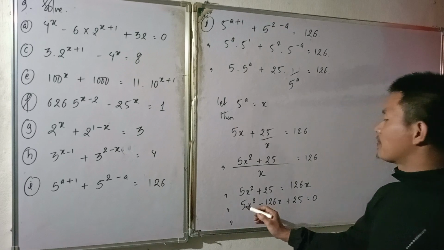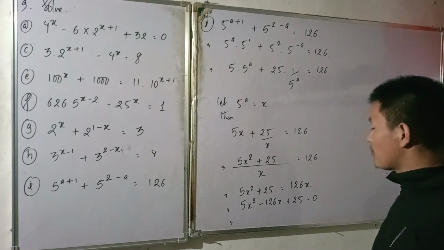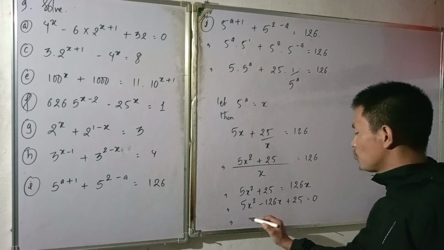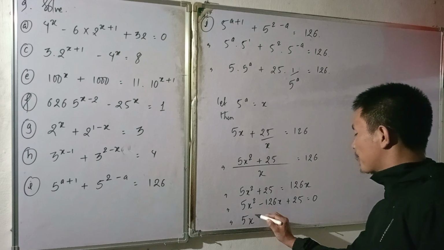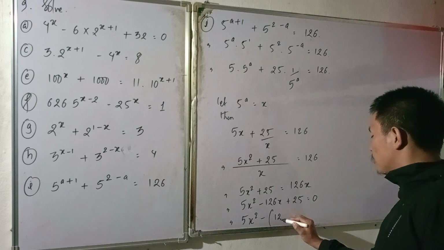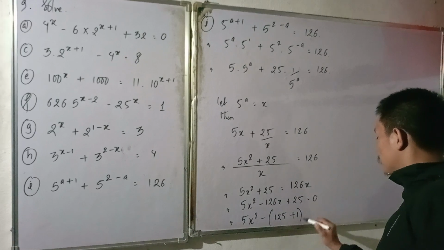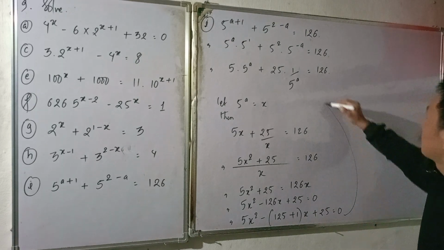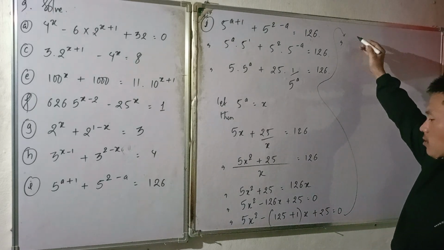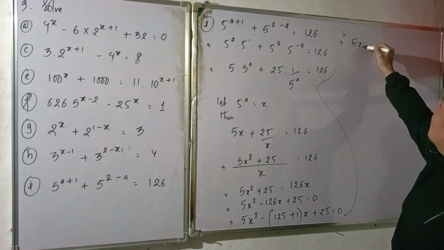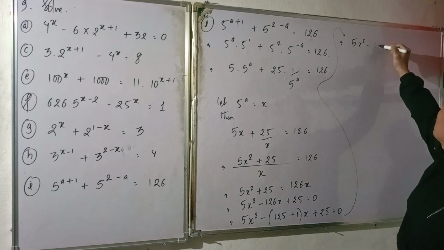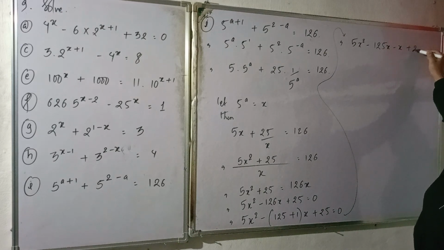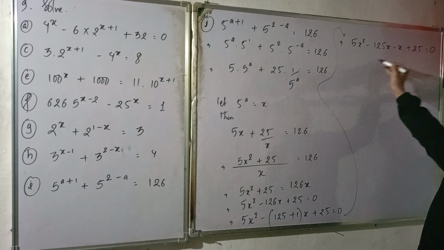So 25 times 5, that is 125. 125 into 1, 125. 125 plus 1, 126. So 5x squared minus 125x minus x plus 25 equals 0.